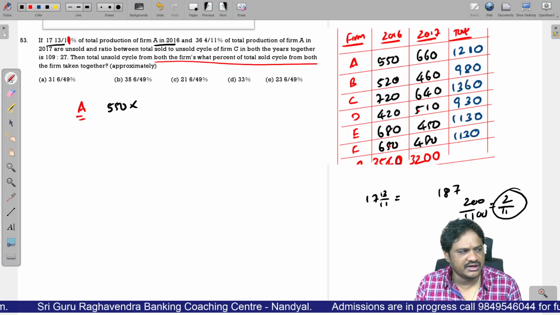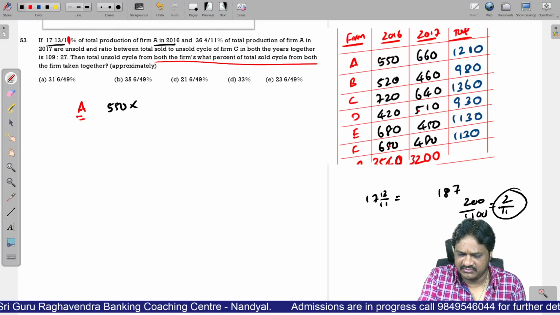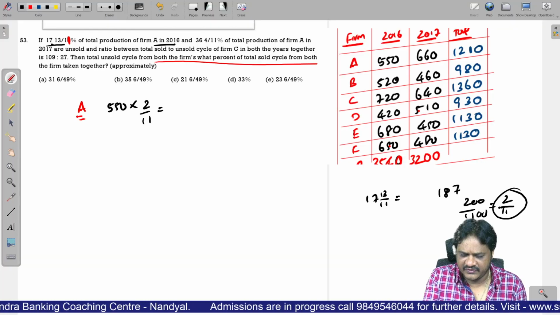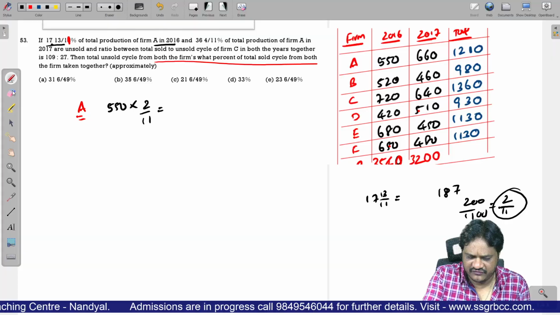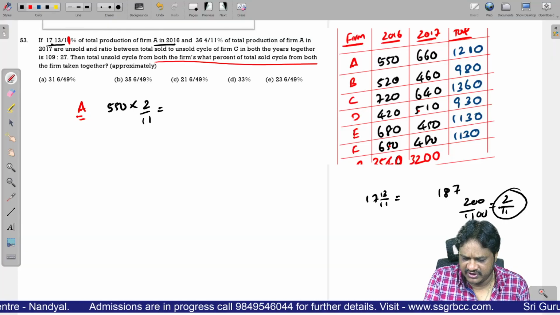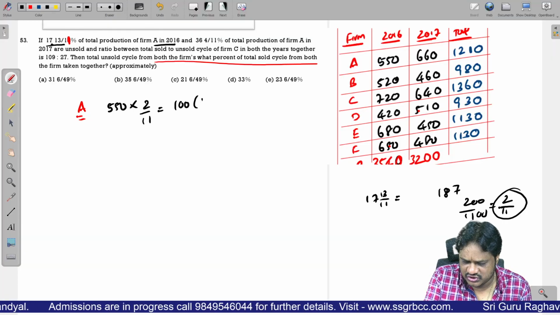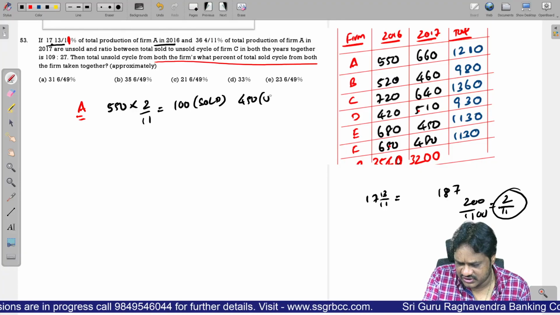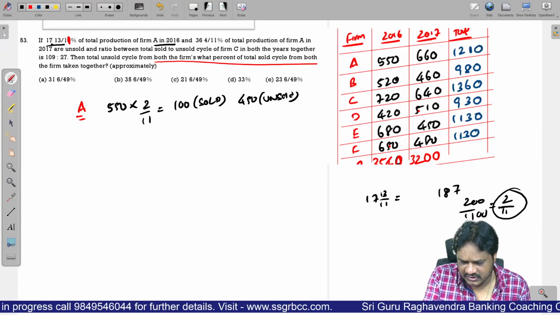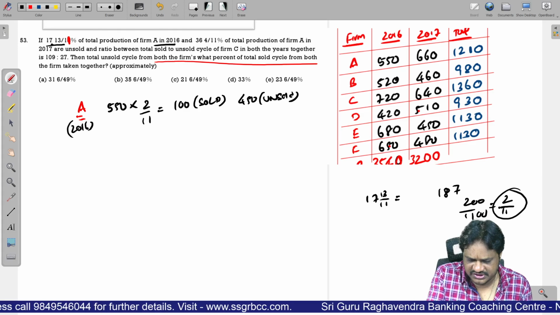So 17 13 by 11 percent means 2 by 11. 2 by 11 are sold. That means out of 550, 2 by 11 means we will get 100 sold and 450 unsold. That is for A 2016.